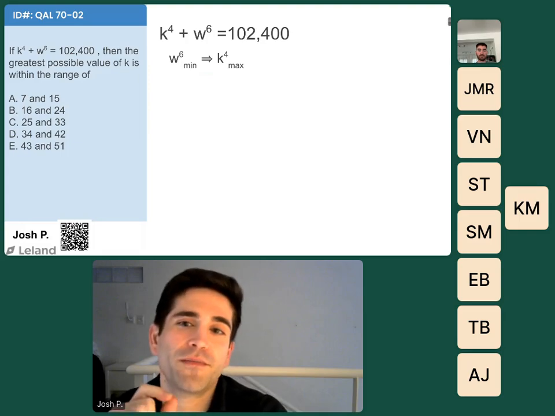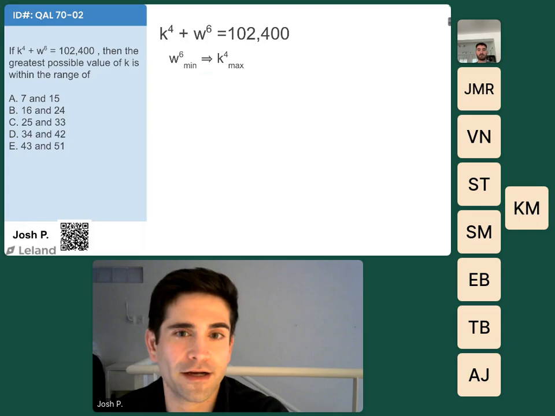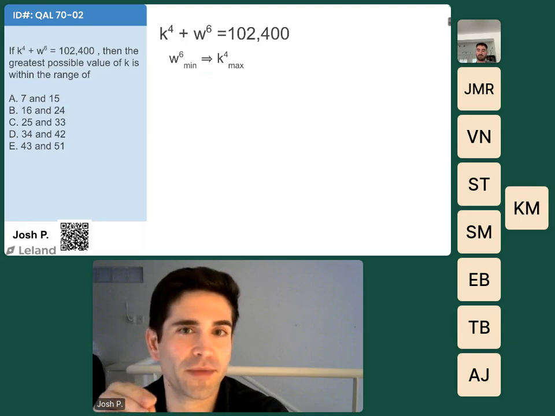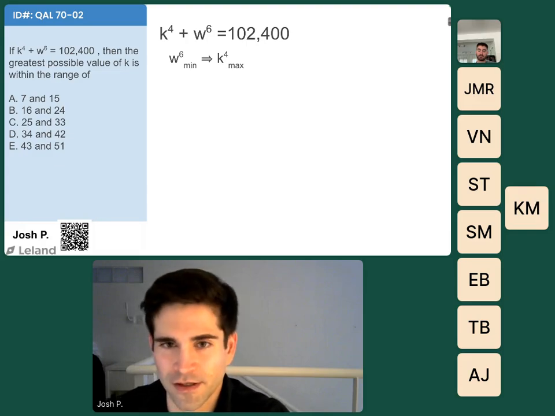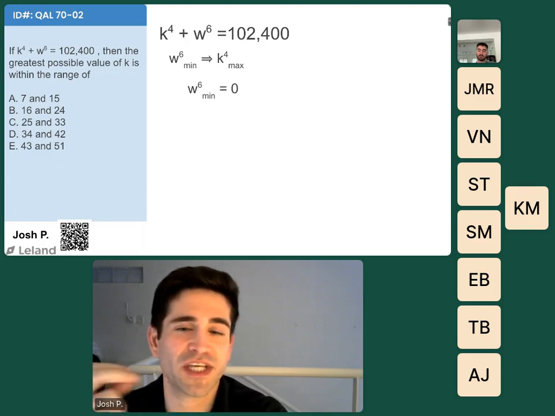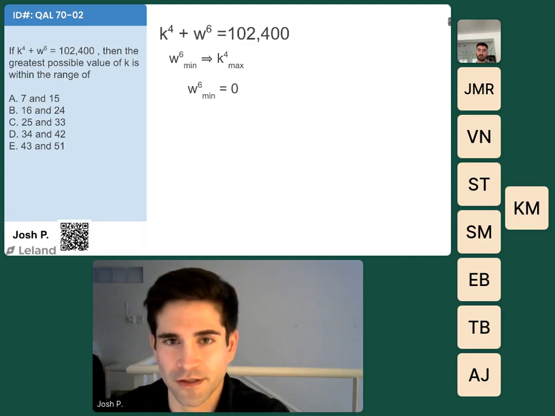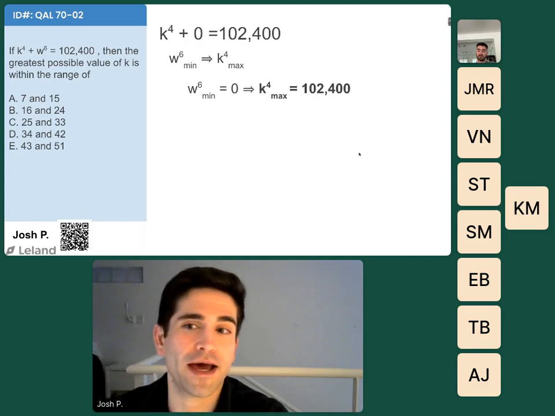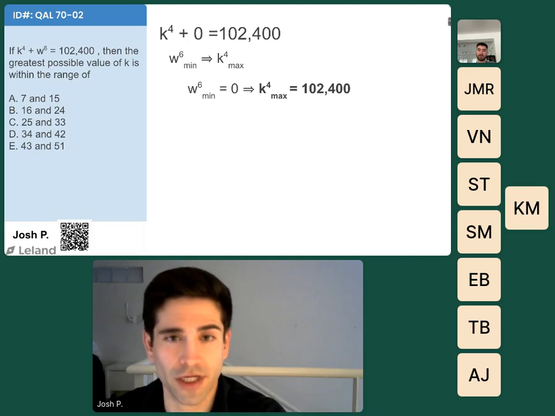Now, to maximize k to the fourth, and therefore k max, we want to minimize the value of w to the sixth. And the minimum value w to the sixth can take is 0. So essentially, k to the fourth max is 102,400.